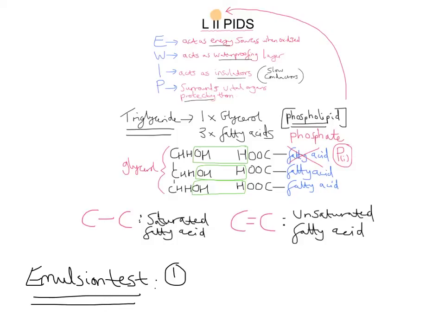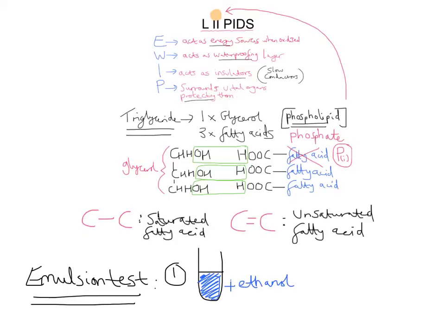You put the substance that you're testing in a test tube. We'll colour this blue here. So the substance to be tested, you put into a test tube here, and you'd add to that test tube ethanol. And you shake the test tube with ethanol for about a minute.